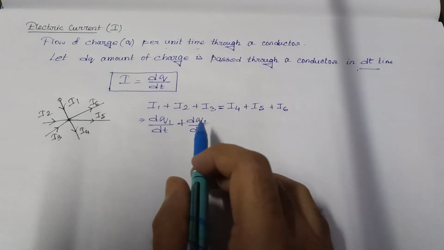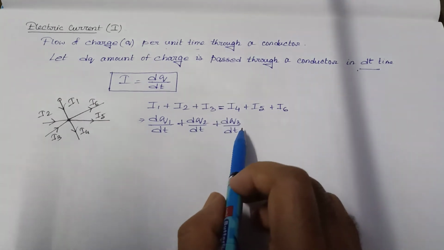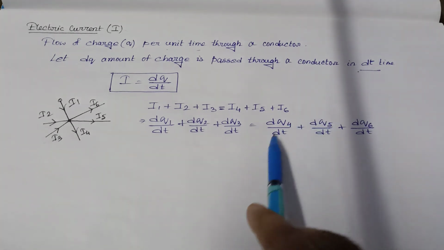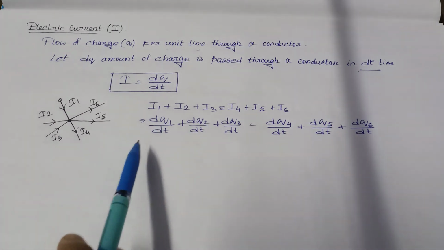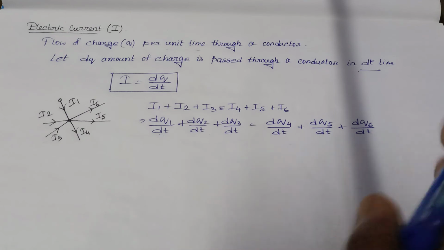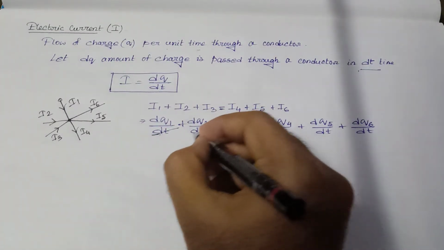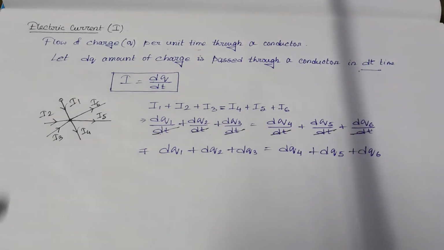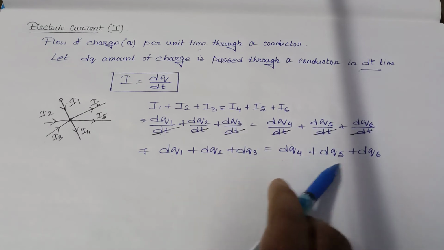Similarly, this will be dq2 by dt, this will be dq3 by dt, and all of these can be written like this: dq4 by dt plus dq5 by dt plus dq6 by dt. One thing is common, the time dt, so dt can be cancelled out. So the equation is: dq1 plus dq2 plus dq3 equals dq4 plus dq5 plus dq6.